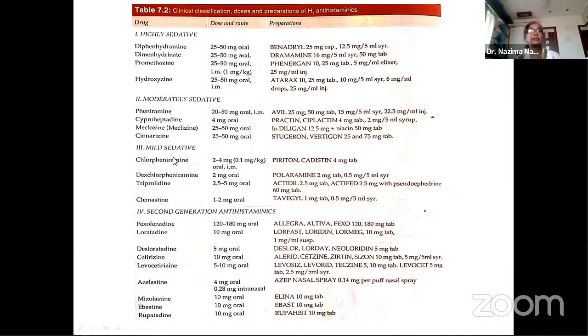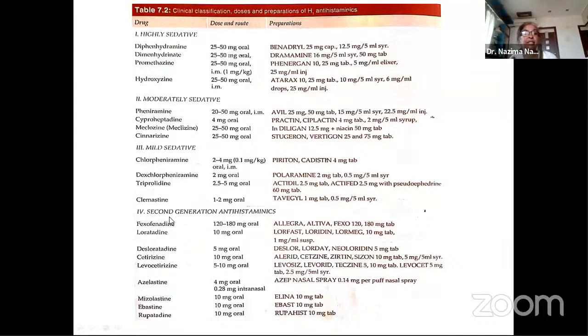And then there are the drugs with mild sedative actions. Those in this group are chlorpheniramine, dexchlorpheniramine, triprolidine and clemastine. So these are the drugs with mild sedative action. So that is about the older generation.